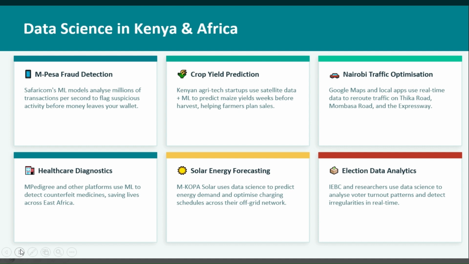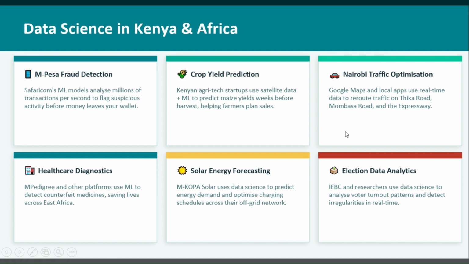In the agriculture sector, goods are sometimes perishable and don't last long, so a farmer has to plan accordingly to sell the most produce before it goes bad. This is where machine learning comes in. A farmer is able to predict how many sacks of maize, for example, they will get in a particular harvest. We also have Google Maps, which uses machine learning.